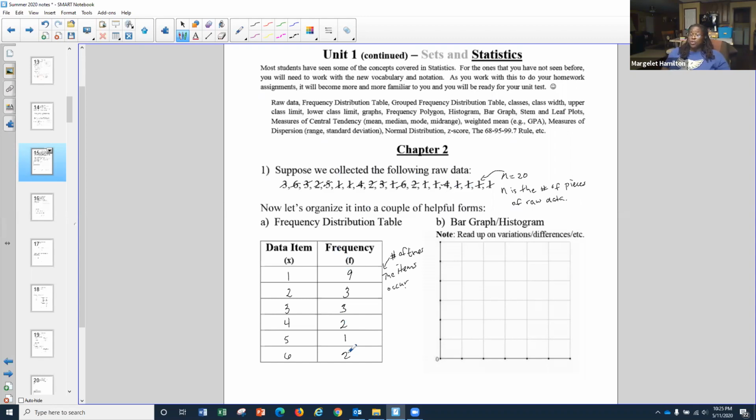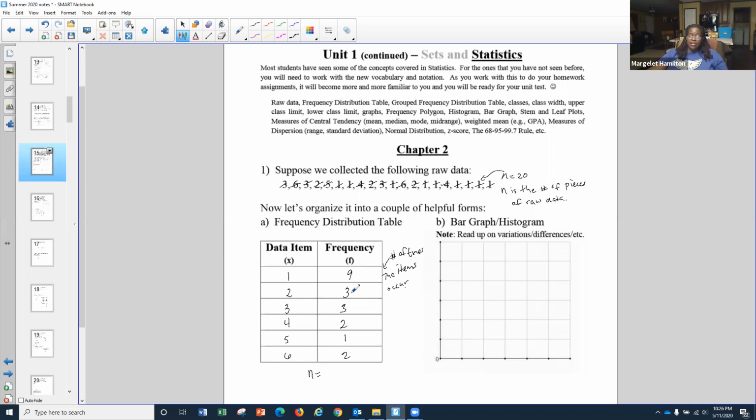To make sure that we are correct and we have everything accounted for, you should total up your frequency column. Now we know what the total should be because we did it up here. We know that it should be 20. So your frequency column is nothing but your N. If you're given a frequency table and they ask you to find out what your N is, or how many pieces of data you have, you just need to add up your frequency column.